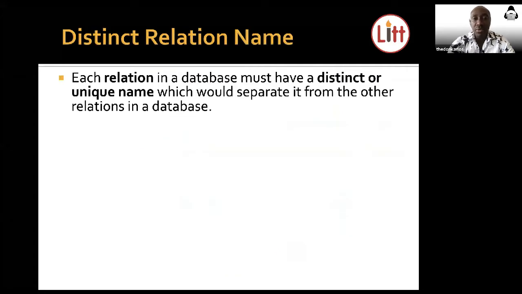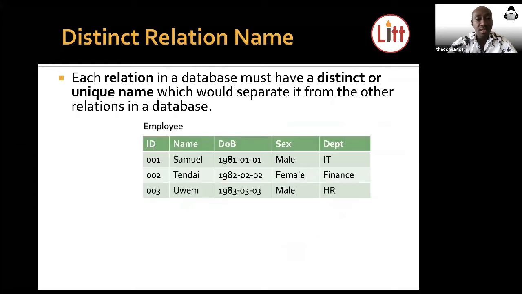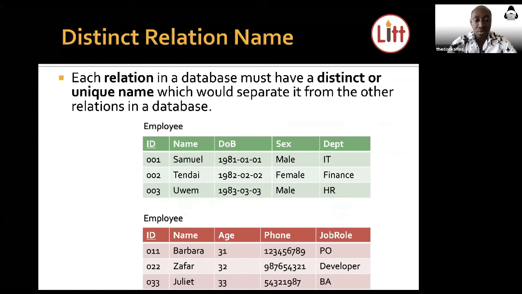First, we talk about the relation name. You need to maintain a distinct relation name. Each relation in a database must have a distinct or unique name, which would separate it from other relations in a database. So let's say we have one relation, employee, which has attributes ID, name, date of birth, sex, department. Then we decide to create another relation, also having ID, name, but this time it has age, phone, and job role.